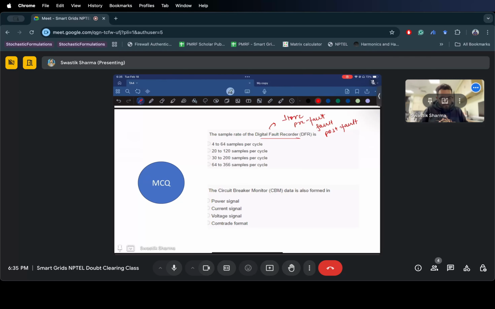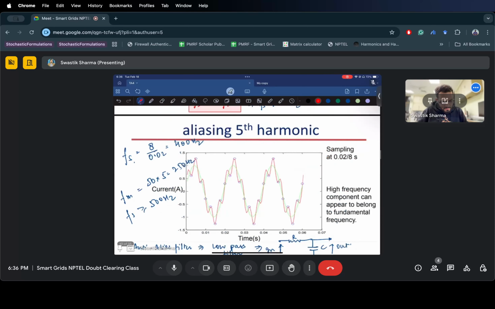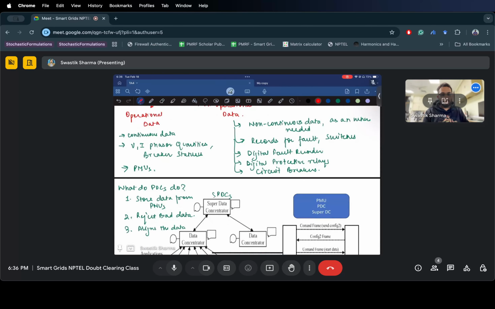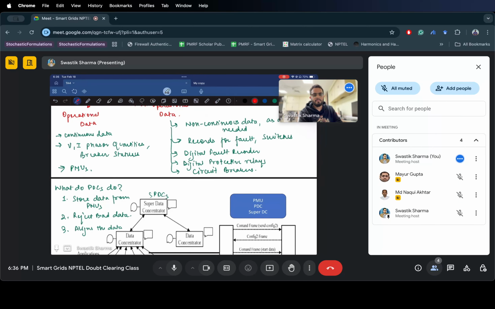Now, what should its sample rate be? While discussing, I did not discuss its sample rate, but since it's storing records for faults, its sampling has to be of very high resolution. The data needs to have a higher number of samples per cycle to really tell what is happening during the fault, so that during post-disturbance analysis the operator can use this data to estimate what really happened during the fault.